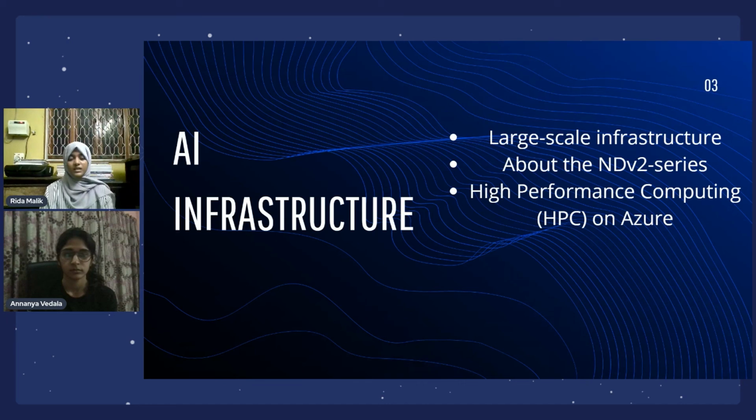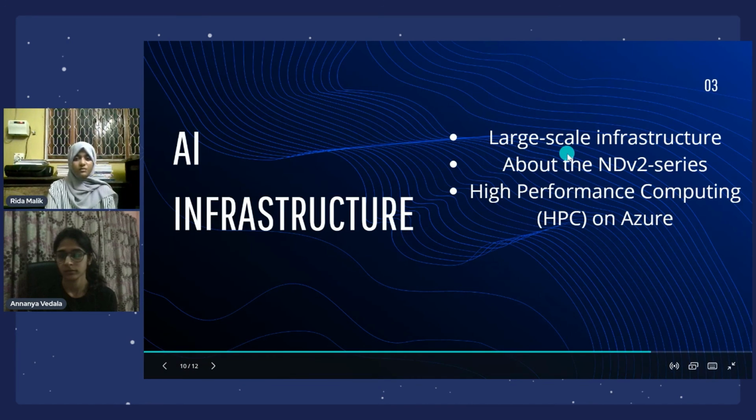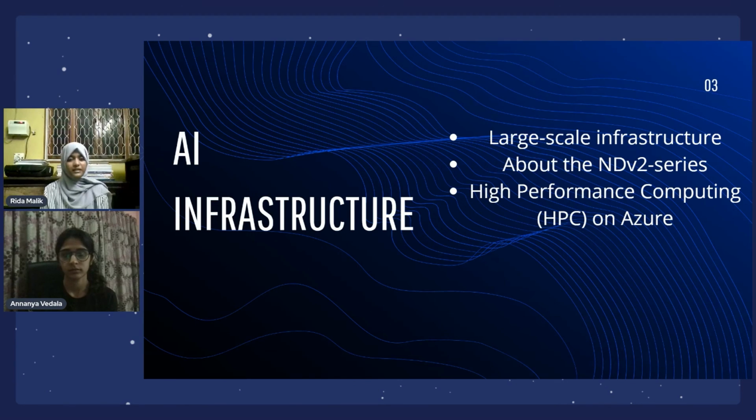And the last one is the large scale infrastructure. Basically, when we are working with models that are of large magnitude or have so much computation, they need a large scale infrastructure. You need a lot of GPU, CPU, a lot of computing power, and that has a lot of components. The first one is you need a cluster of GPUs, and one such example is NVIDIA.